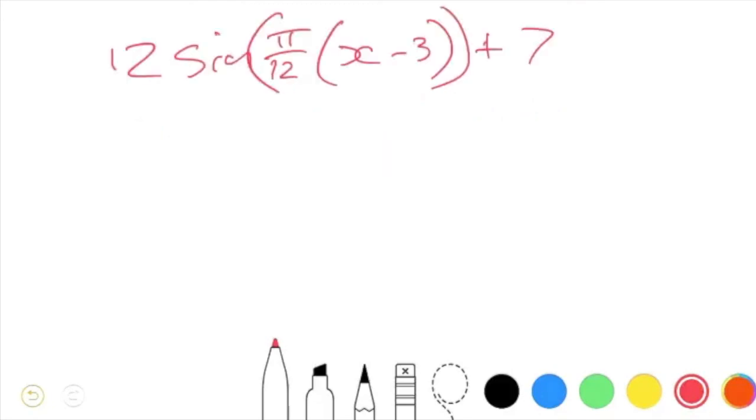And it's going to change our period because remember, normally our period is 2 pi on n, but that's 2 pi on 12, which means our pi's are going to cancel out and we're going to get a period of 24. So anything that's cycling by the daylight might give you a period like this.